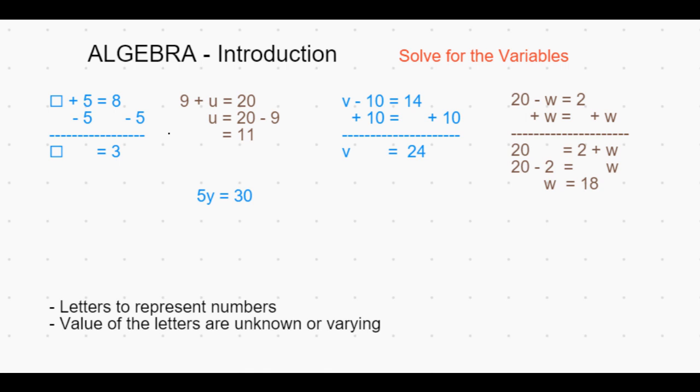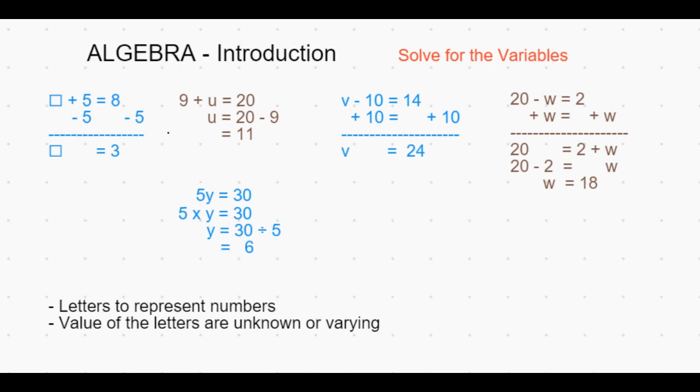So far, we looked at addition and subtraction. 5y is equal to 30. Since it is 5 times y equal to 30, we divide either sides of the equation by 5. So y is equal to 30 divided by 5, which is equal to 6.